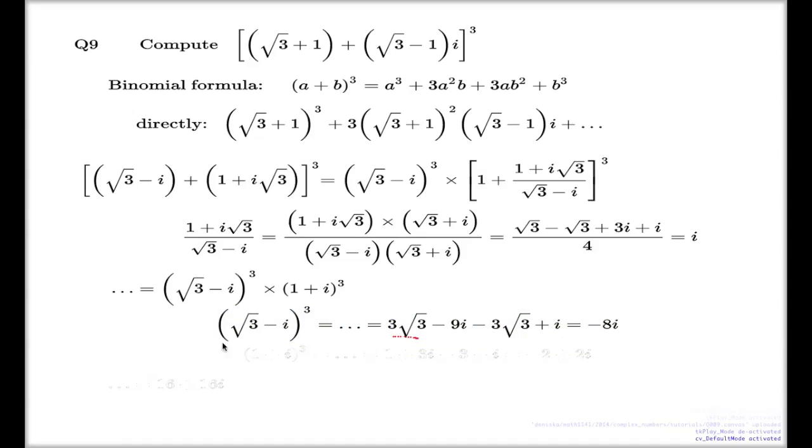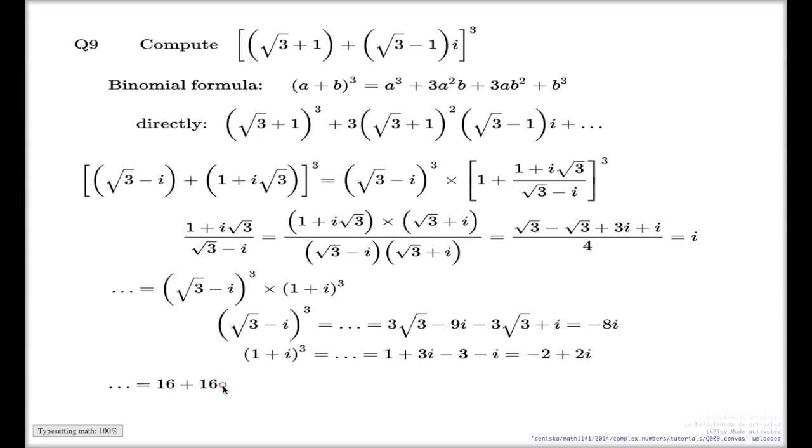The cube of the square root of 3 is like this. This term will look like this, and the rest is negative 8i. And the binomial expansion for the second factor, again, I'm just hiding some details, will be like this. If you multiply these things, that will be the answer, which is expected in question 9.